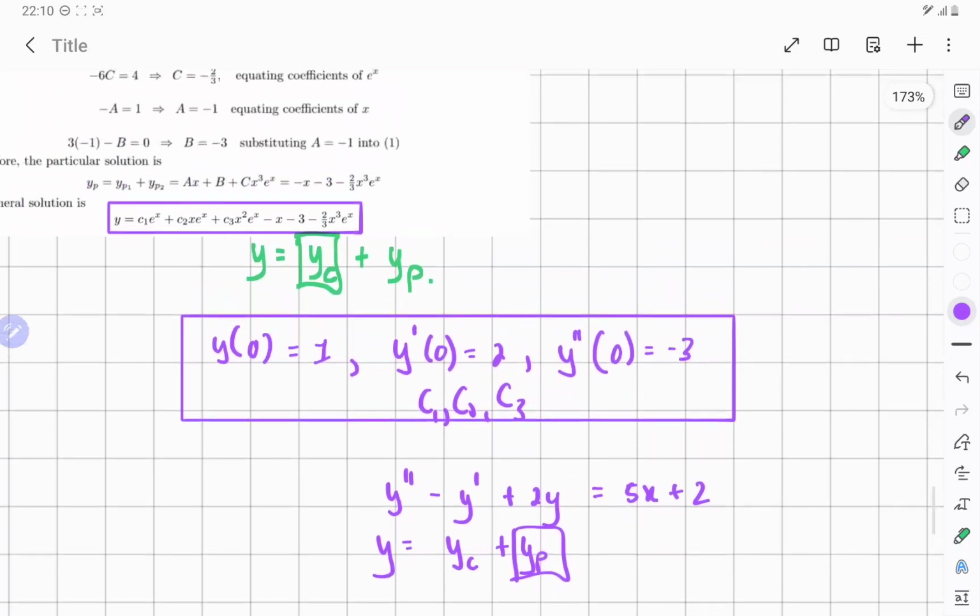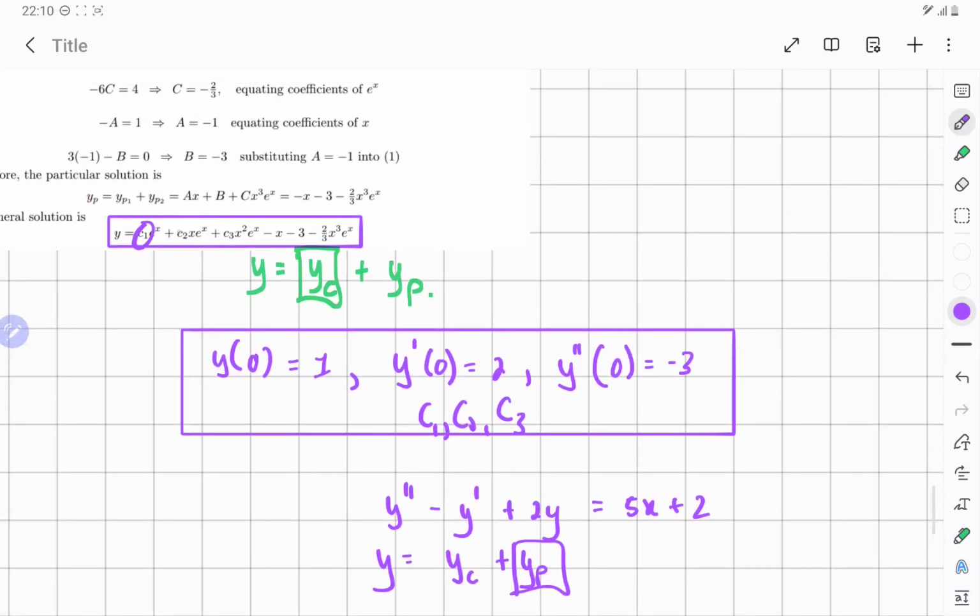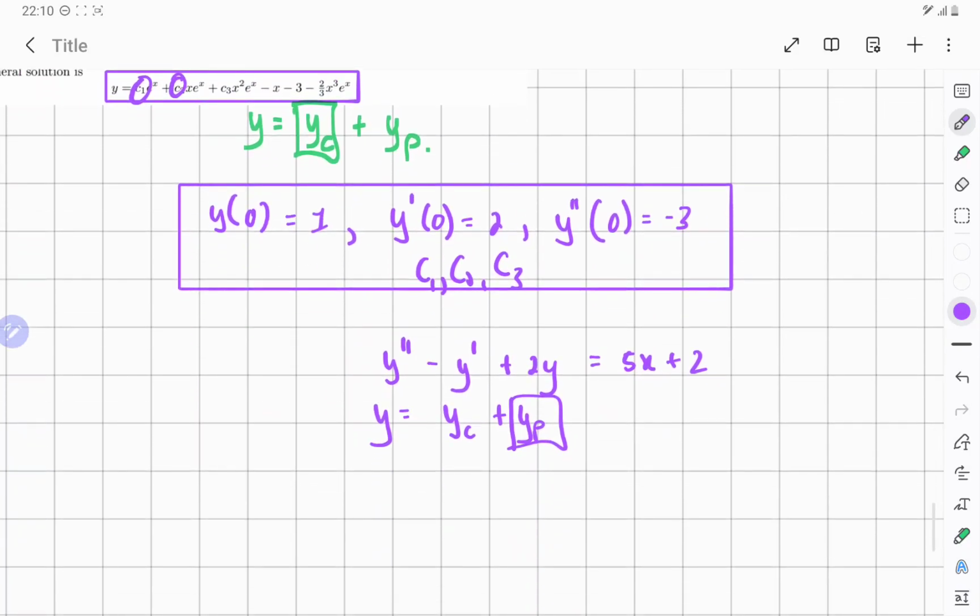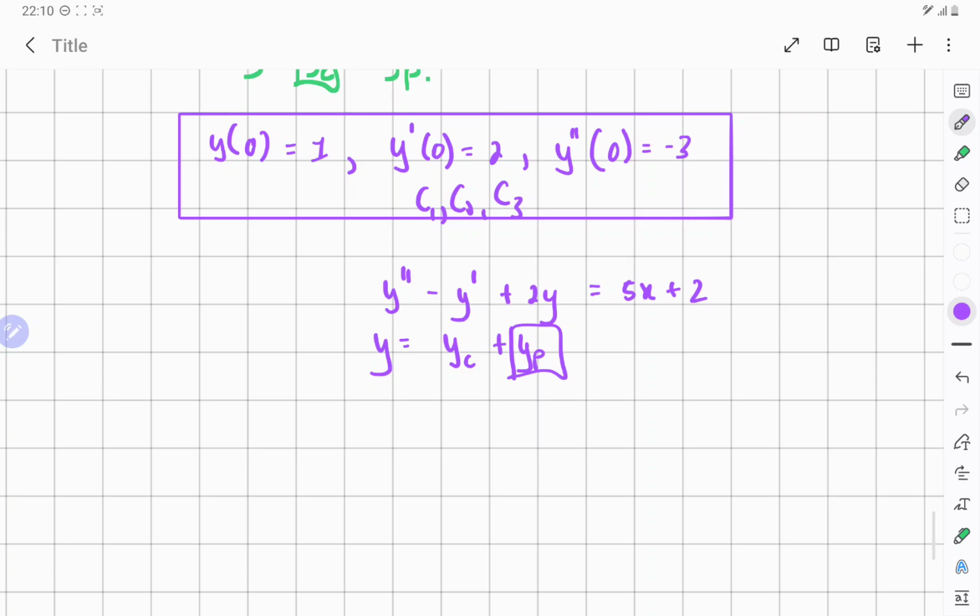Whenever you have to solve now your C1 or C2 for the complementary function, you will always substitute the initial conditions in. So for a second order differential equation, you will have 2 arbitrary constants that you're going to solve. So they will give you 2 conditions, for instance.